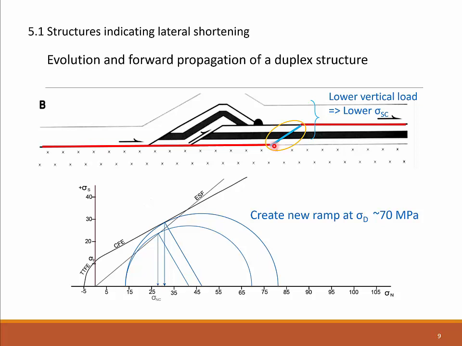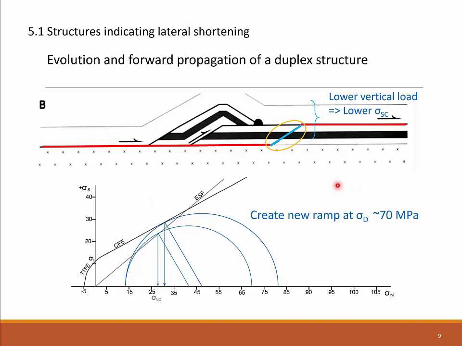And as soon as we start uplifting this segment and form the new horse, we will find that again the shear stress along this new ramp will increase and a new ramp will form further down along the brittle layer, as we have seen in previous slides.